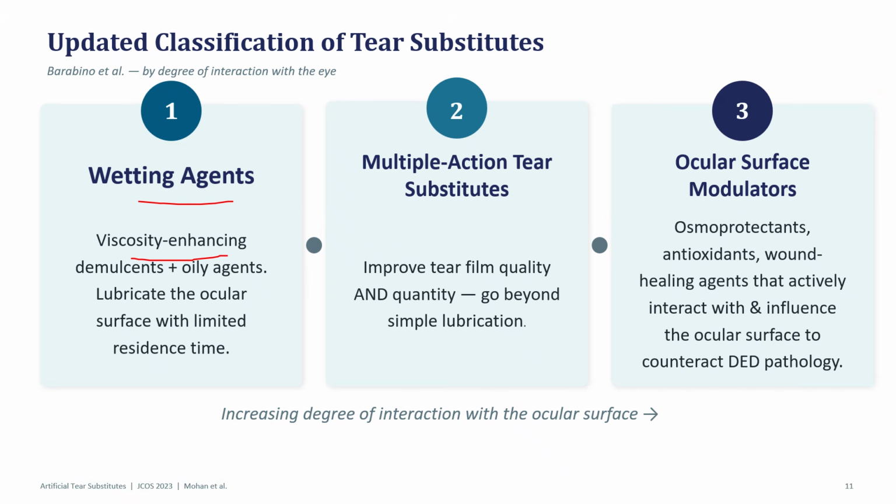And you have ocular surface modulators like osmoprotectants, antioxidants and wound healing agents that actually interact with and influence the ocular surface to counteract the dry eye disease pathology. So as there is an increasing degree of interaction with the ocular surface and more severity of the disease, you can go towards these drops.